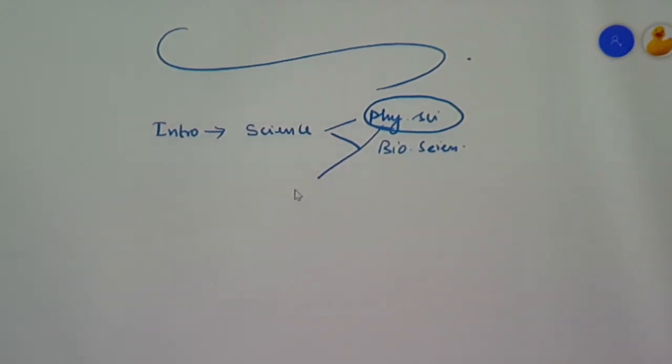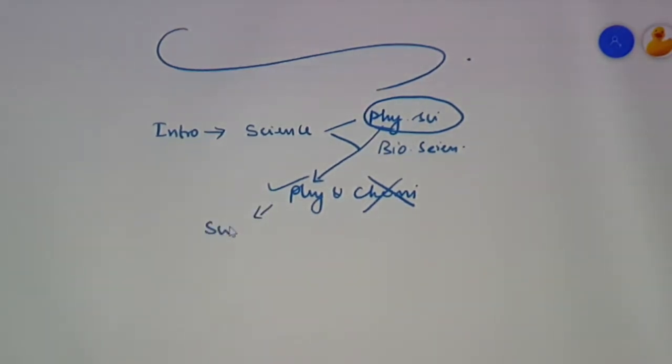The physical science is composed of physics and chemistry, and we are dealing with physics and not with chemistry. While dealing with physics, I first gave you the scientific method. After studying the scientific method, I went forward to mathematical concepts.